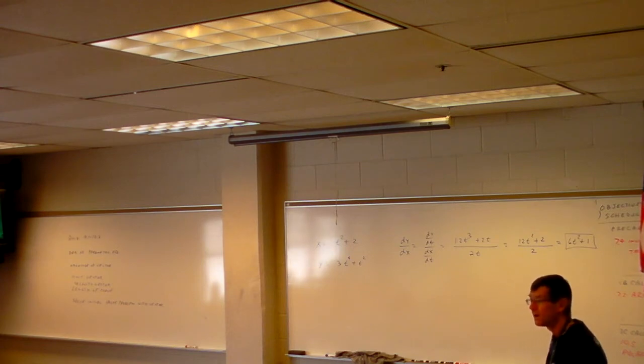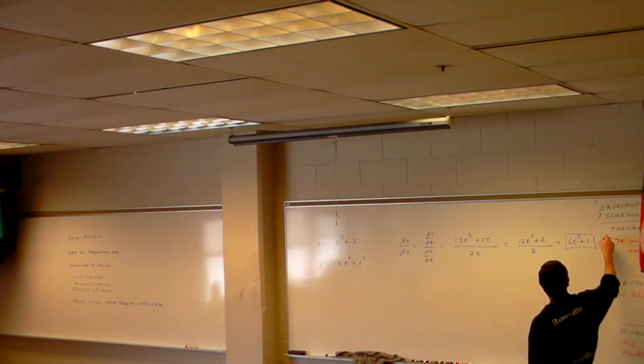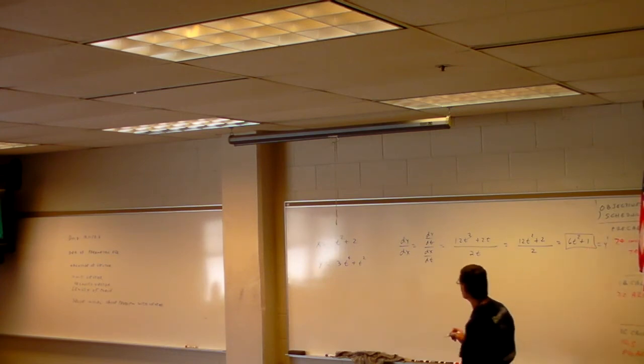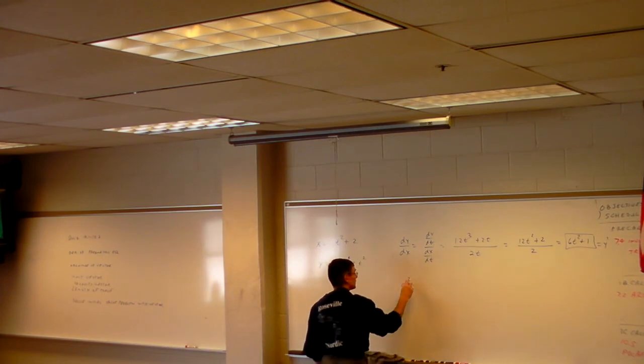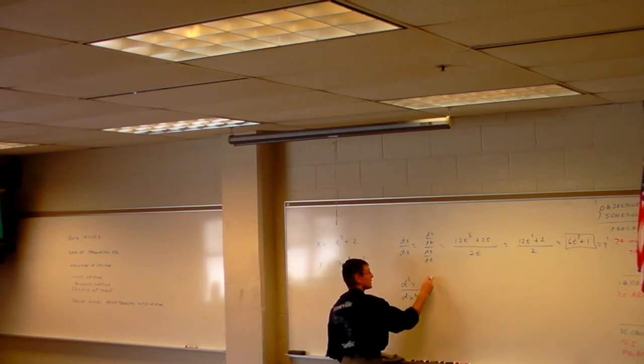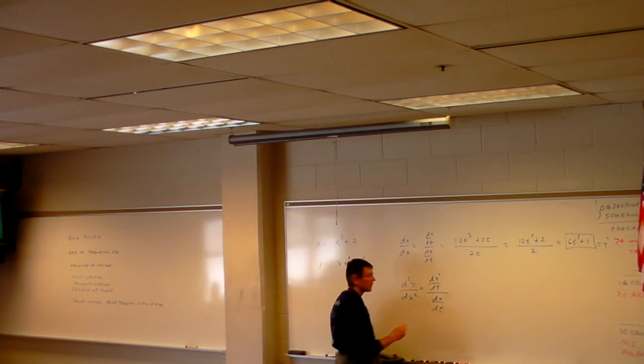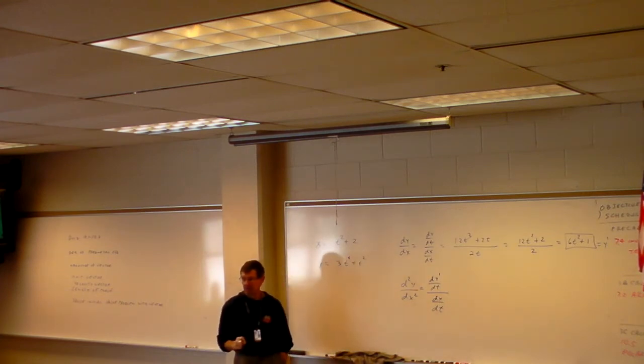Now, this is considered y prime. So now the second derivative means that we must take the derivative of y prime with respect to t divided by the derivative of x with respect to t.